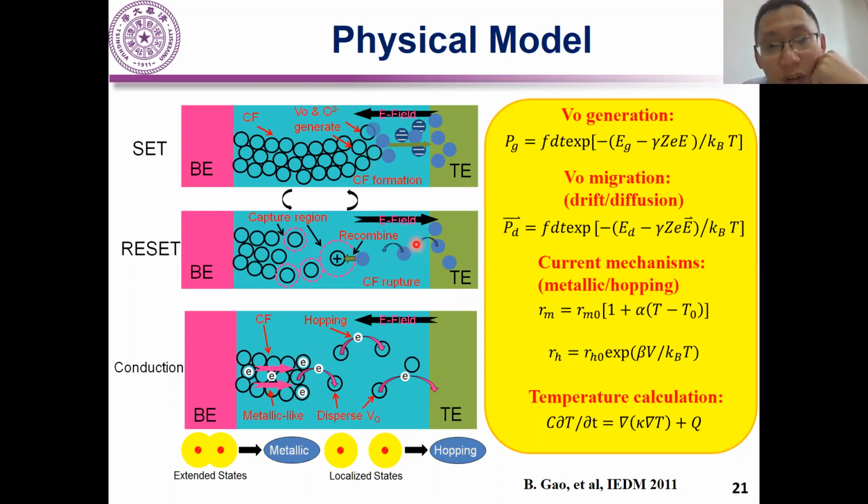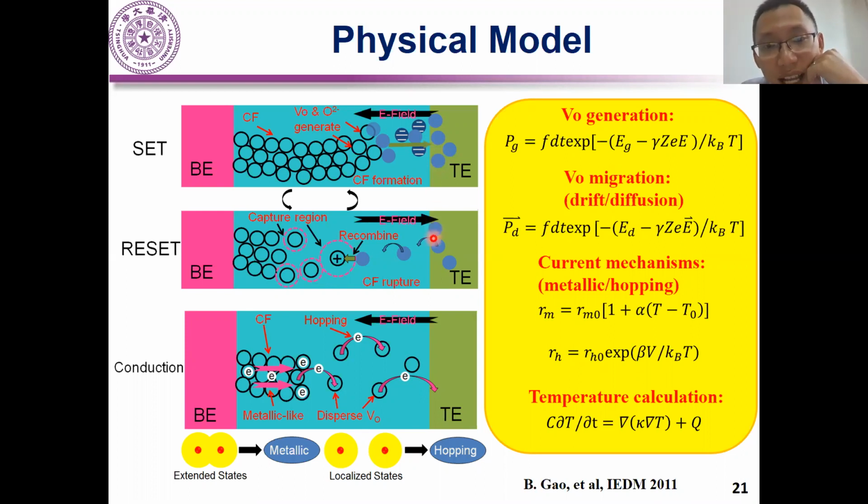But for the reset process, the mechanism is the oxygen ions releasing from the active electrode. Because in the set process, you form some oxygen vacancies, and of course there are some oxygen ions in the interstitial. These oxygen ions can migrate under the electric field, and eventually go to the active electrode, where there's some reaction forming some metal oxide.